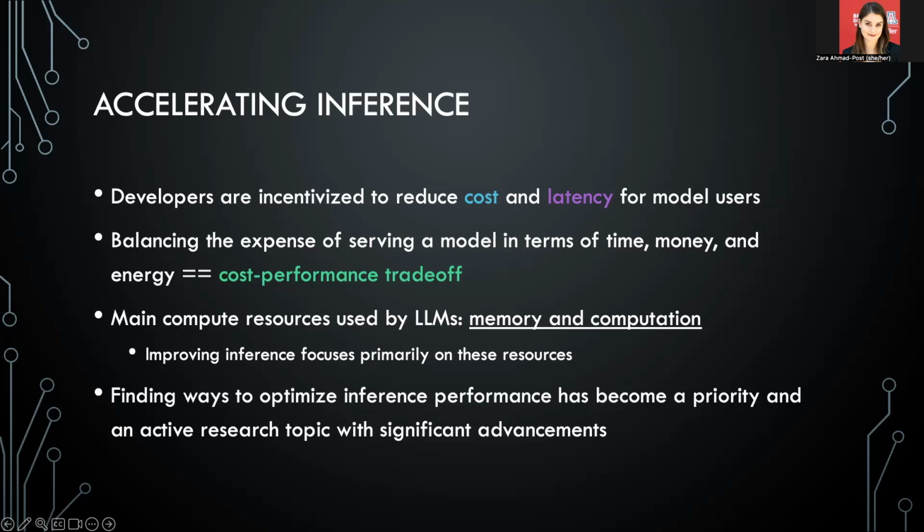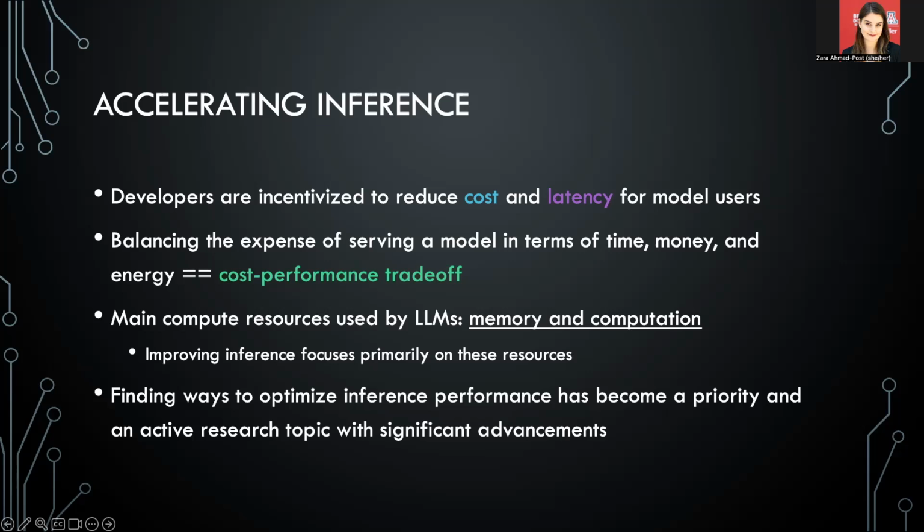And the main compute resources used by the LLMs at inference time are going to be memory and computation, right? So memory and CPU. Whenever we're working on improving inference, we're working on improving memory and compute resources. So finding ways to optimize that is a big priority right now.